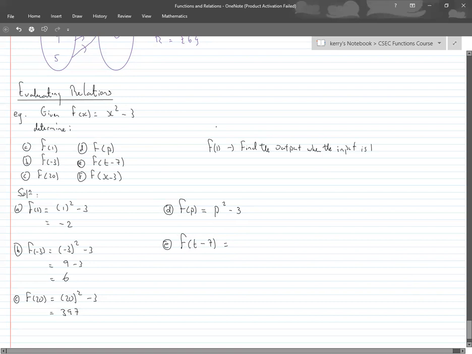I'm going to write that down here: whatever is in the brackets, we change x to that. So in this case, what is in the brackets is t minus 7. So we replace x with t minus 7. So this becomes (t minus 7) squared minus 3.